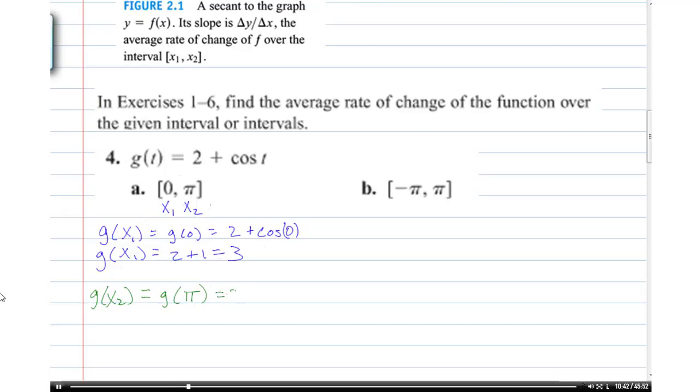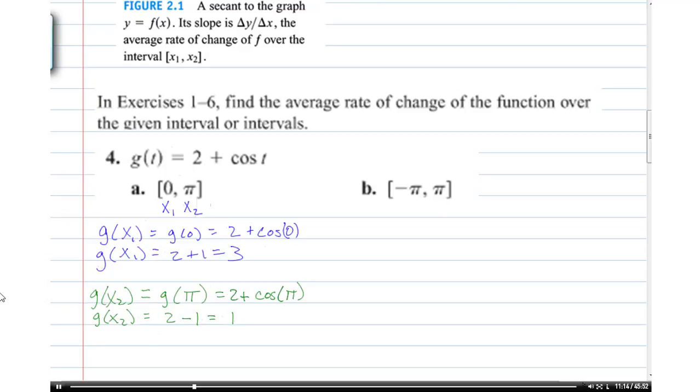And that's going to be 2 plus cosine pi. And what's cosine pi? Negative 1. We're up on our trig, right? I will provide you with the unit circle for your exams, so if you don't have all of your special angles memorized, you can fudge a little if you know how to use the unit circle. All right, 2 minus 1 is 1.